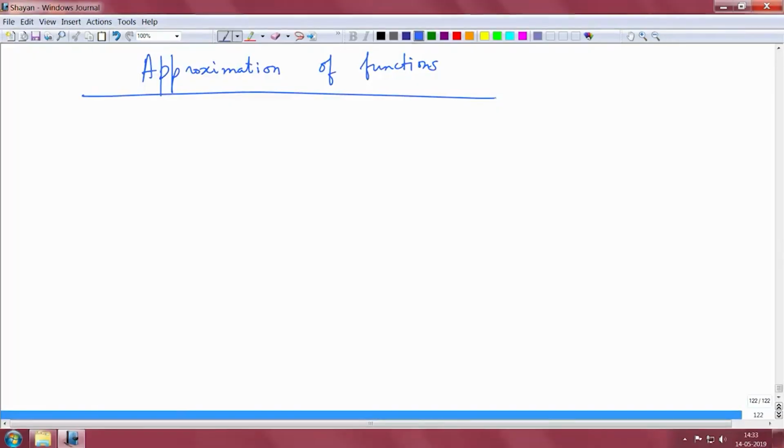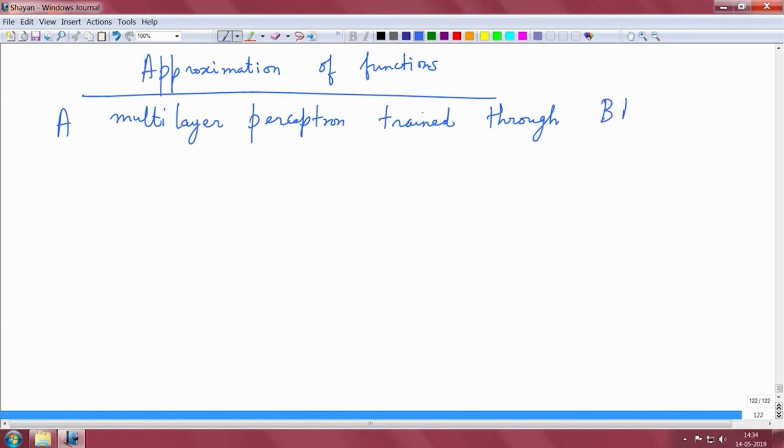So let us get started with the approximation of functions. A multilayer perceptron that is trained through the backpropagation algorithm can be an engine for learning the input-output mappings.